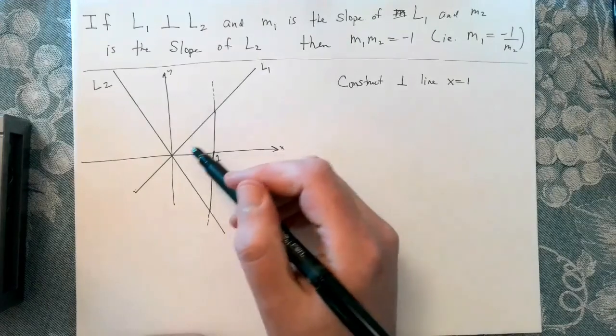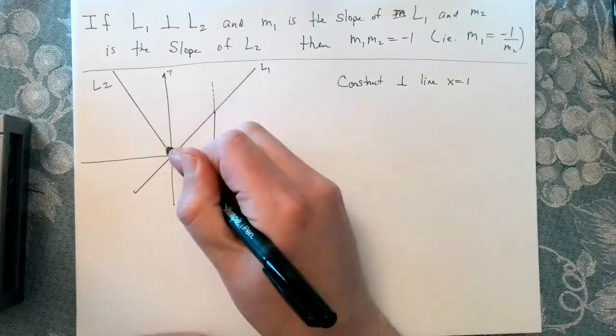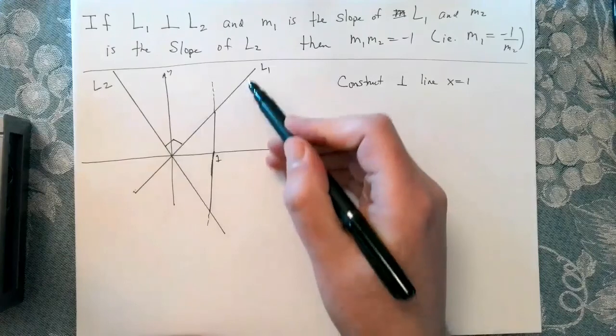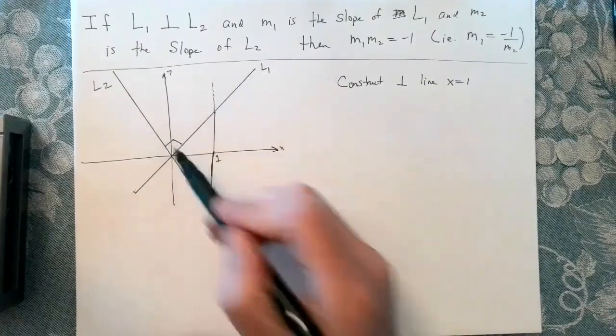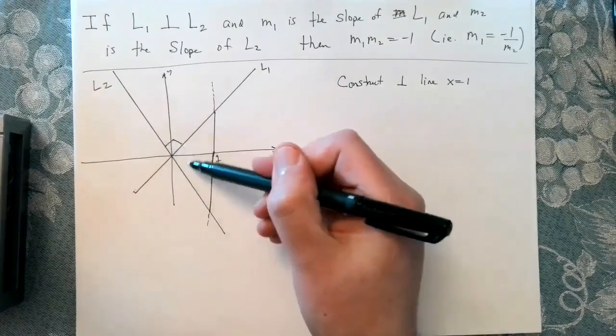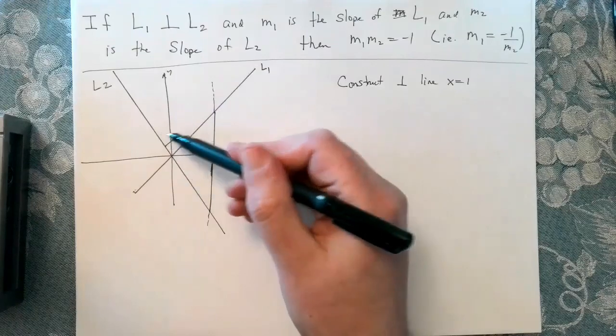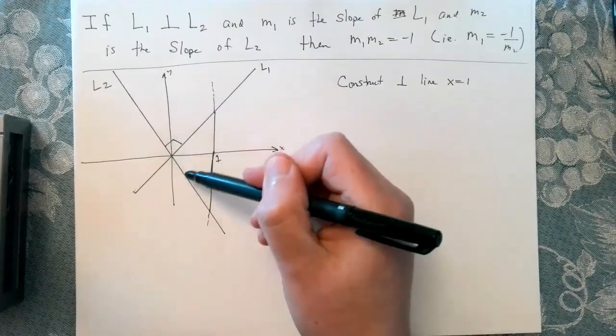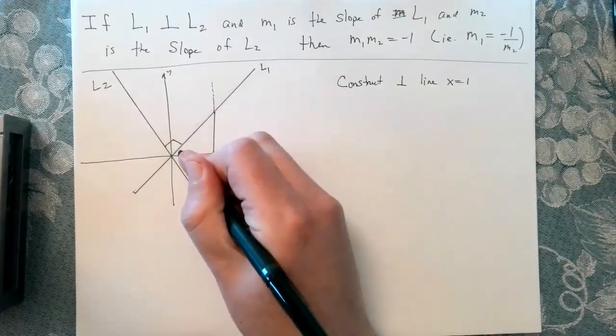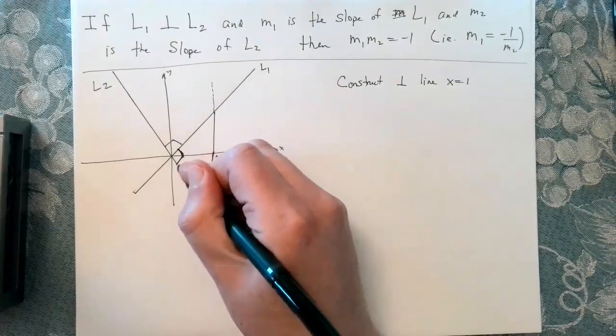Okay, so one thing we want to note is that since these are perpendicular, there's a right angle here. And then since these are on the same straight line, their angles are supplements. So that forces this to be a right angle. Right? They're supplementary angles.